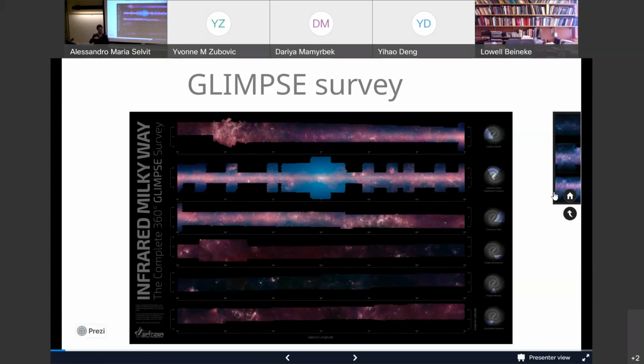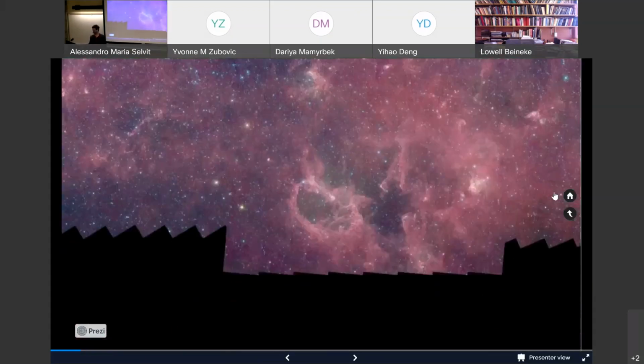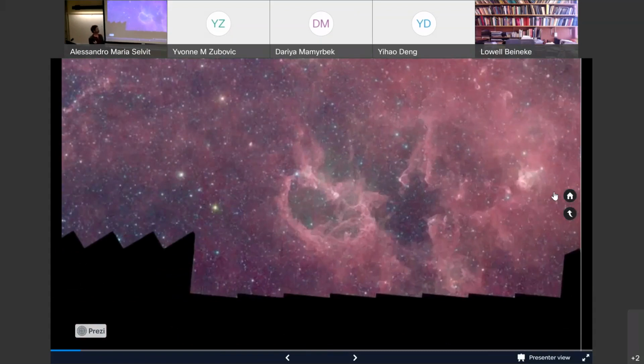One of the principal justifications that we gave for a survey like this is that there are serendipitous discoveries, things that we didn't know were going to be there that become visible as we look carefully. In this case, one of the interesting objects were these shell type structures that you see right here.